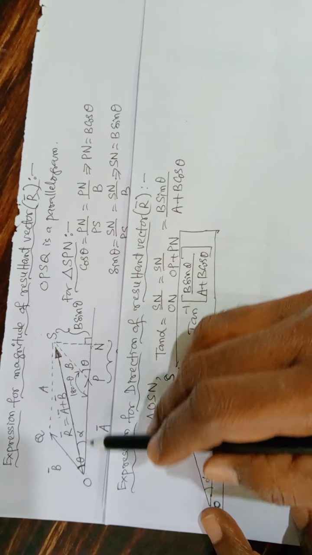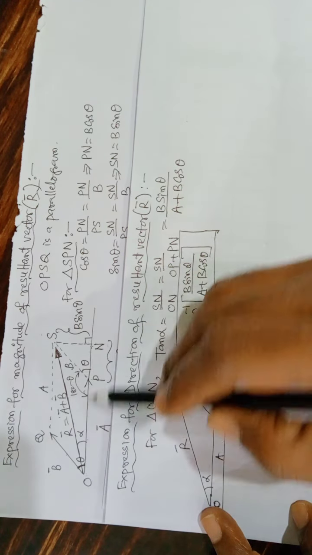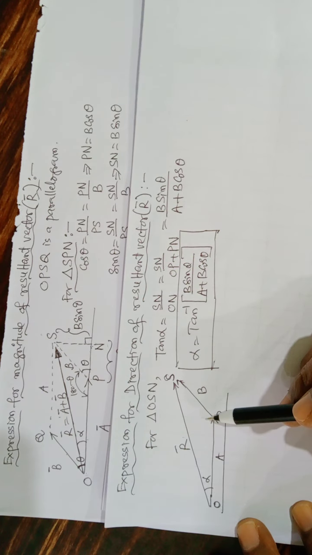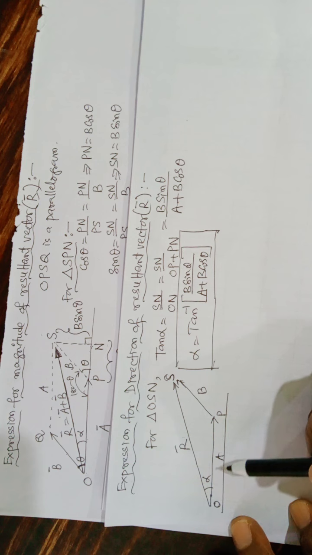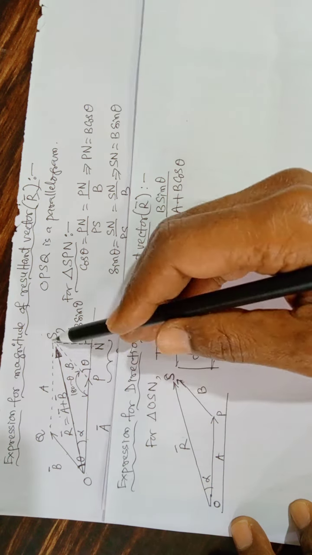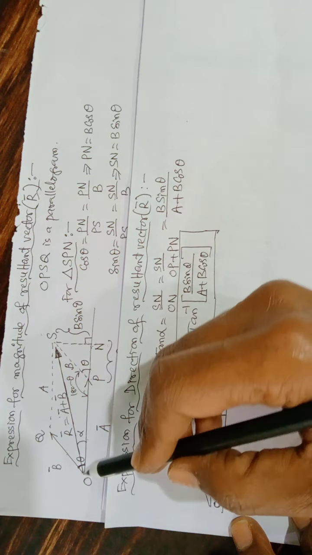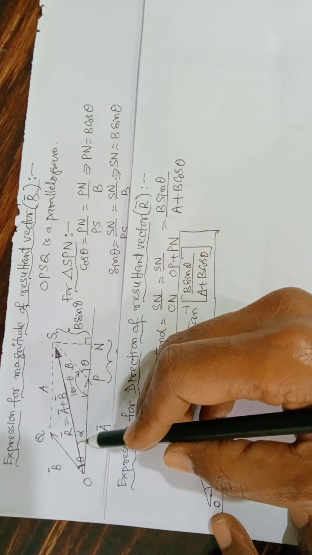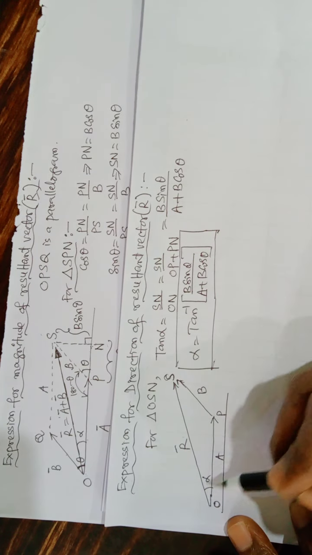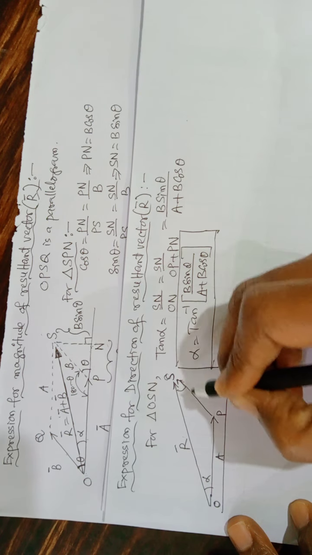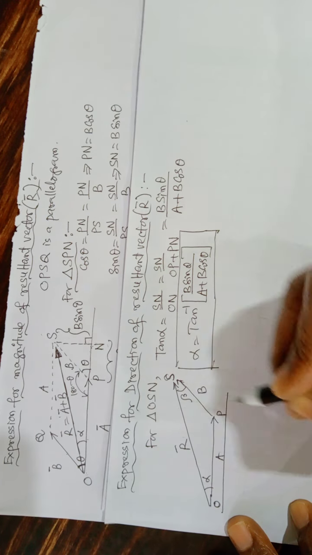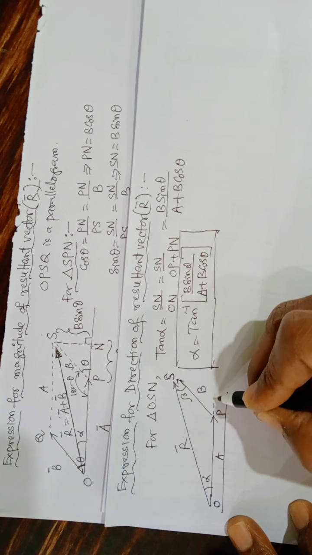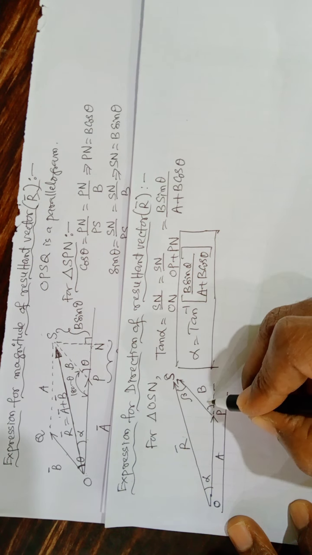See, this is an obtuse triangle, OPS. Here OP is A vector, PS is B vector, and OS is the resultant vector. And here the angle is alpha. Let here the angle be beta, and here this angle is theta.